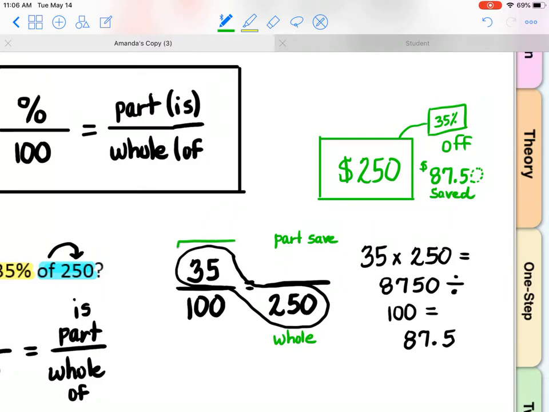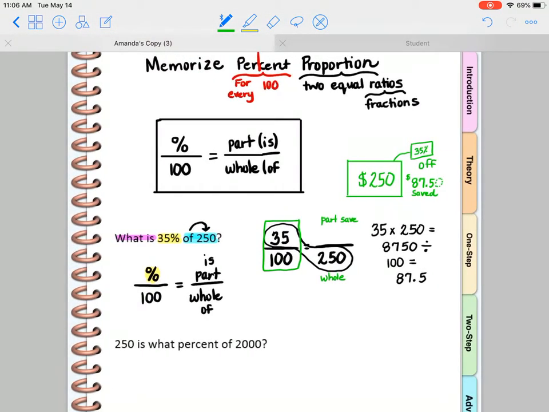And then this part over here is your 35%. So that's how this problem breaks down. For me, it always helped to have a story to go with my percents. I had trouble with the sentences where I couldn't tell which part was which. But that is an example of how that could be used.